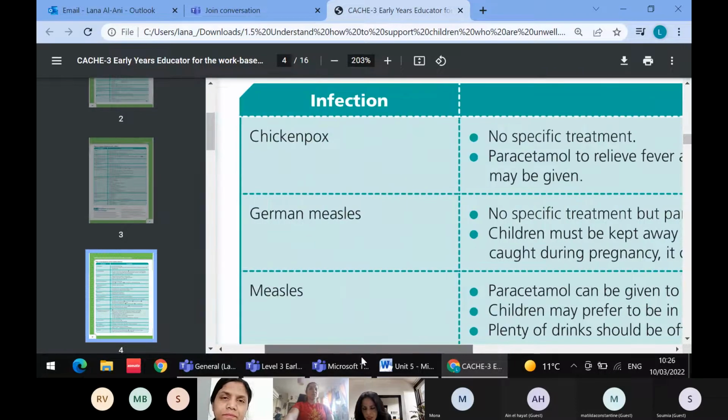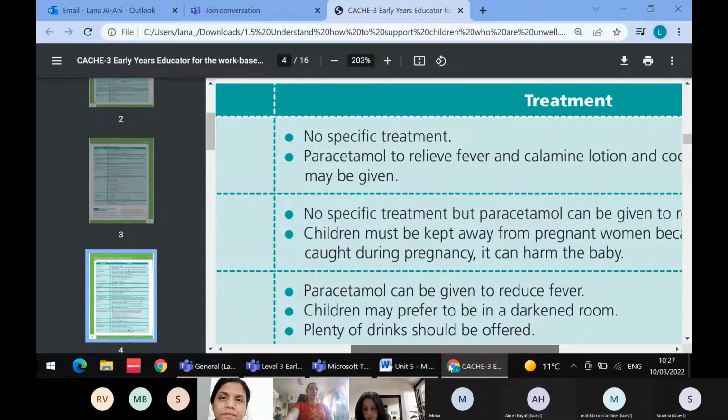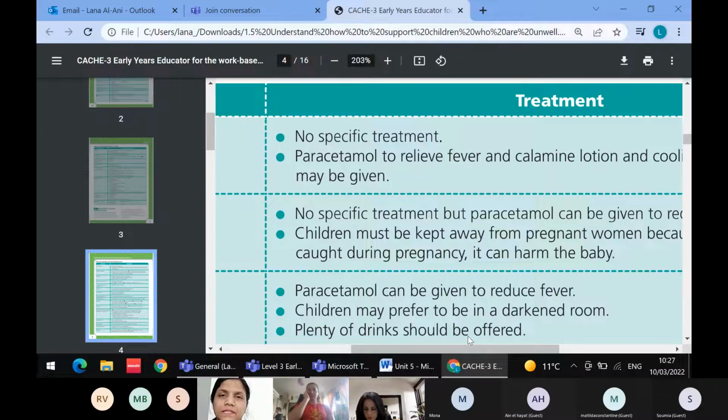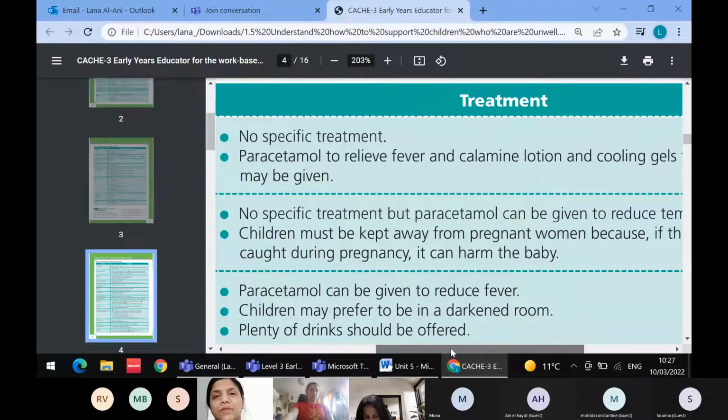Okay, so now chickenpox, how do we treat it? We give calamine lotion. Can you put your head a little bit closer to the computer so we can hear you? Yeah, so how can we treat it?